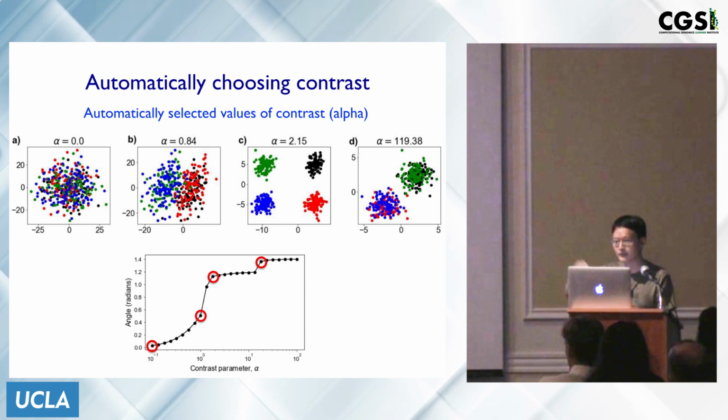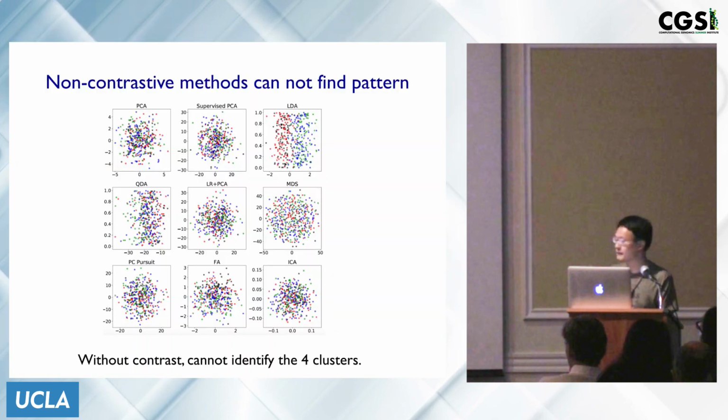Without contrast, the signal-to-noise ratio is too low. This illustrates that if you apply any of the standard dimensionality reduction methods, linear or nonlinear, you can't really disentangle these 4 patterns. So here the contrast is really useful to find the most salient patterns.